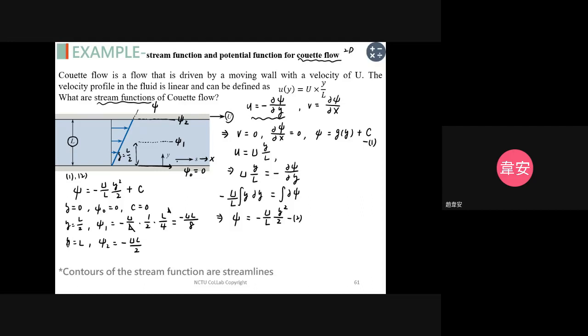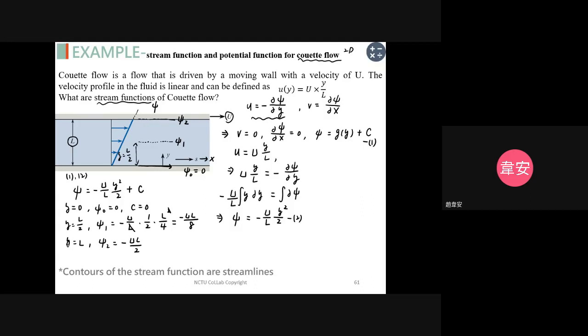And that means, as in the previous slide we told you, the contours of the stream function are the streamlines. As you can see for our question, I depict the streamlines for ψ0, ψ1, and ψ2.